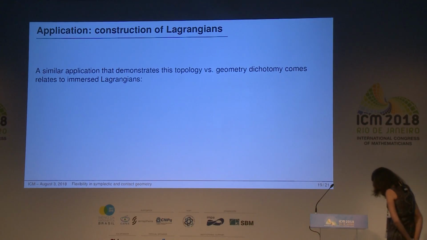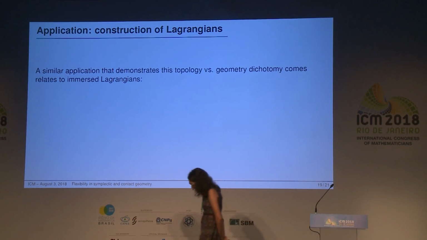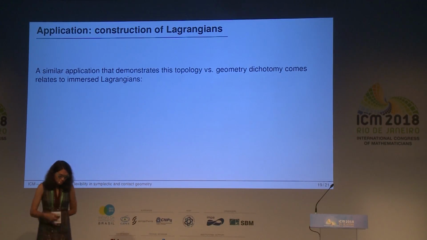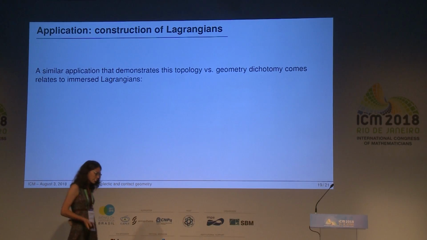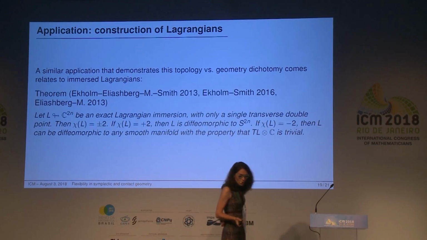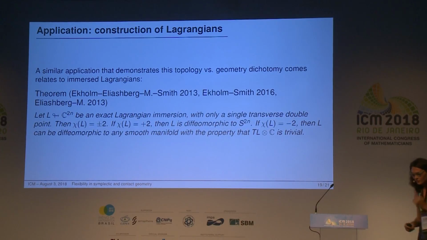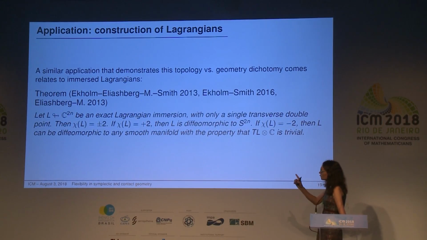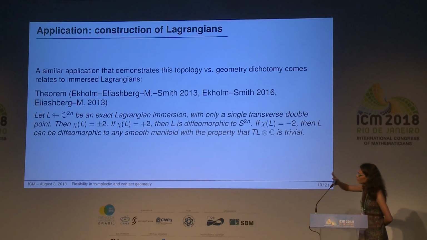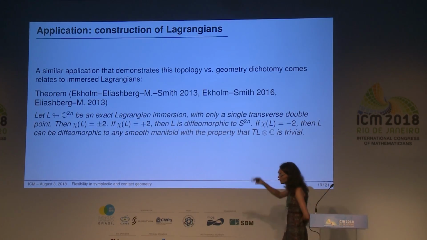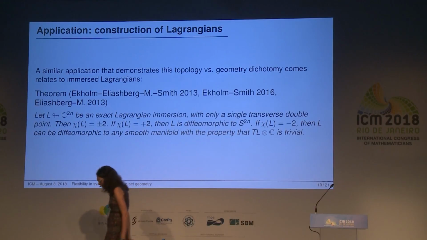So a similar application of this, which is one I like a lot, is again connected with immersed Lagrangians in Cn. And the statement, there's a slight typo in here, is that if you have any Lagrangian in, say, even dimensional space, and let's assume that I have just a single double point, it follows immediately from the formal structure that the Euler characteristic has to be plus or minus 2.